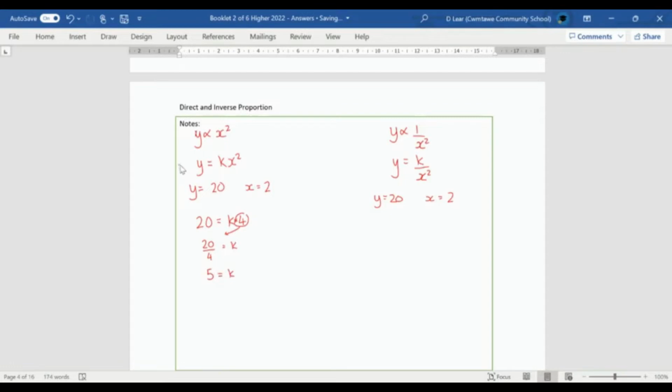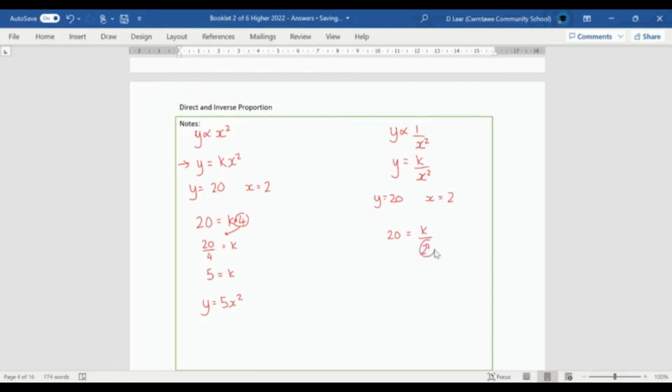And then we go back to here, that's the big step, and we rewrite it, but with, instead of k, we put 5. So y equals 5x squared here. Same thing here, okay? We'll put these values in, so instead of y, we'll put 20. We're trying to work out k, and instead of x, we'll put 2. Again, which is 4. But the difference here, because this is an inverse, so we're dividing by the 4 instead of timesing by it over here.